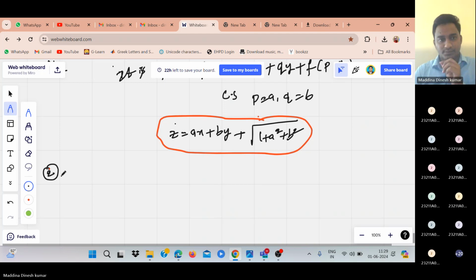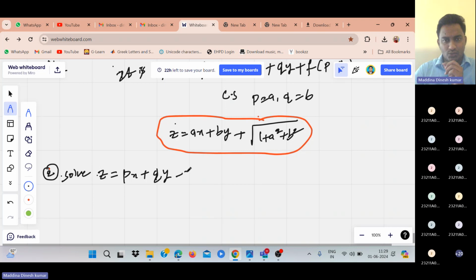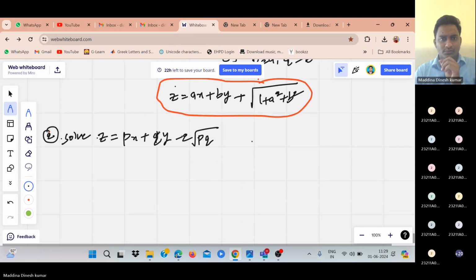Solve Z equal to Px plus Qy minus 2 square root of PQ. Okay. Consider it as equation number 1.